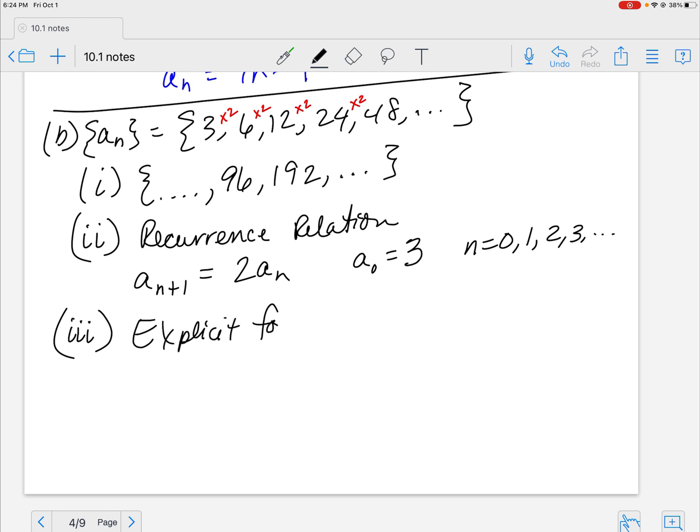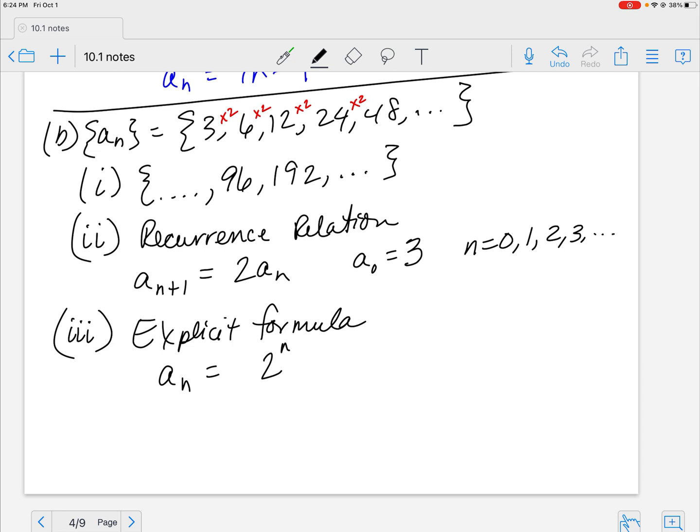Explicit formula. Now, we found out that repeated addition was multiplication. What is repeated multiplication? What's that called? An exponent. Yeah. Man, you guys are astounding. So a sub n, I know this is going to be 2 to the n.